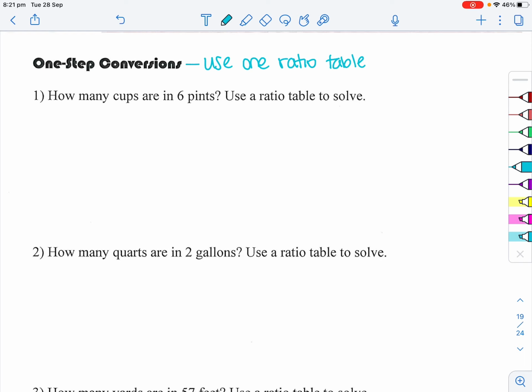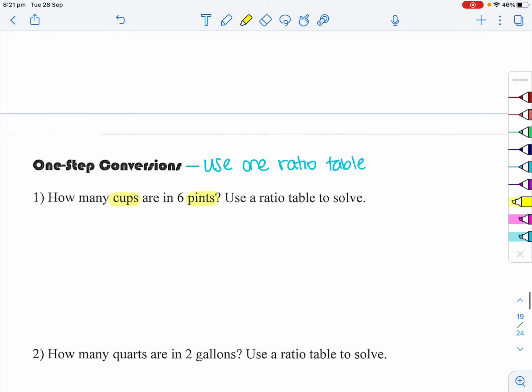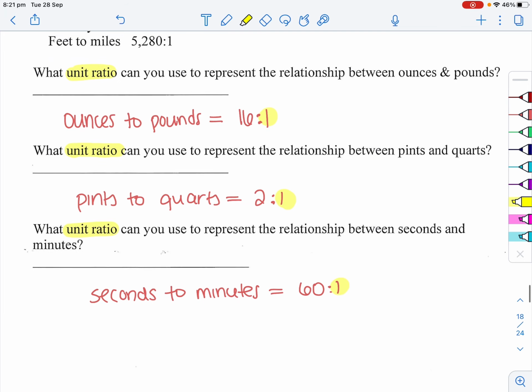Number 1 says how many cups are in 6 pints, and we're going to use a ratio table to solve. The first thing I'm going to do is highlight my 2 units. I'm trying to go from pints to cups. So I'm going to go back up to the top and ask, how are cups and pints connected?